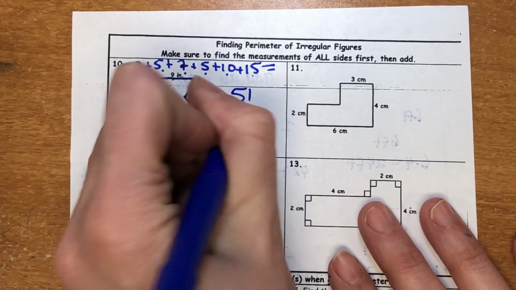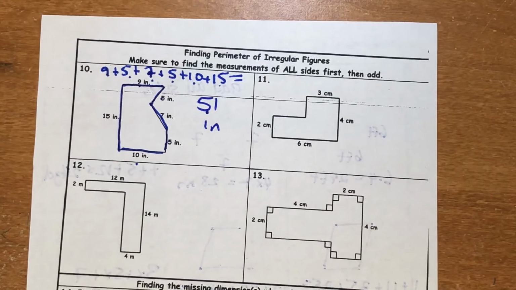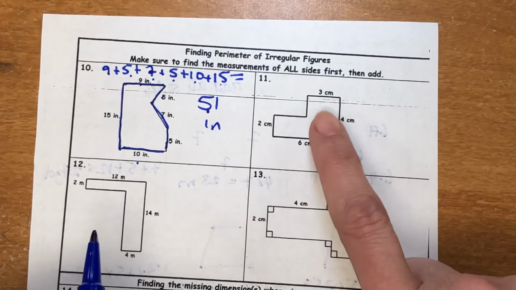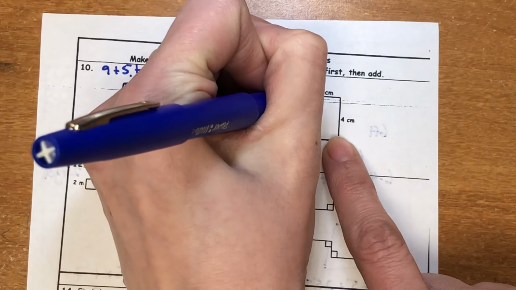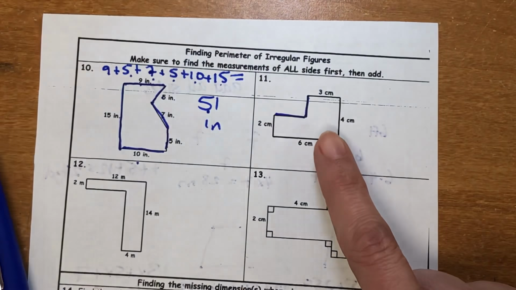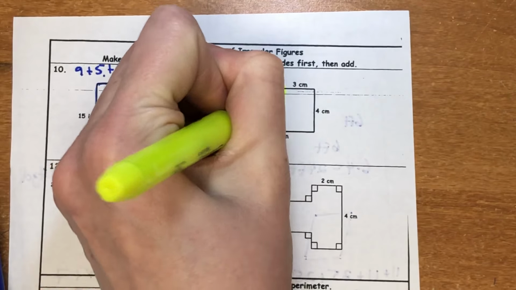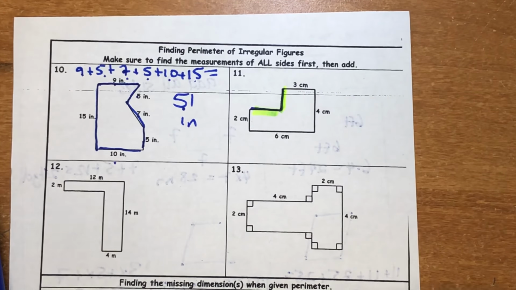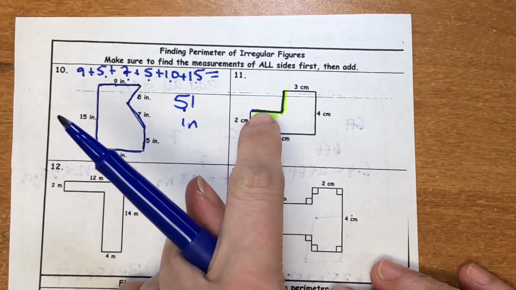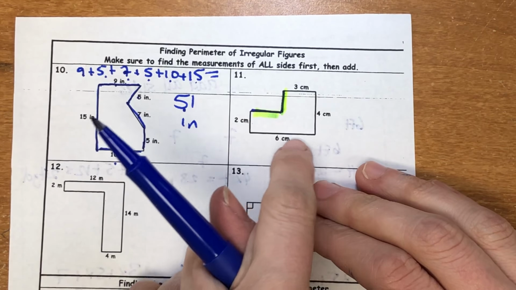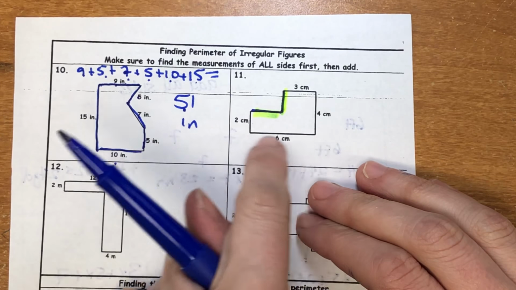All right, so sometimes you're missing a dimension. As you can see, I'm missing this side and I'm missing this side. I'm going to highlight this over here. These 2 sides right here I'm missing. To get this side, you want to look at the 6 centimeters here.